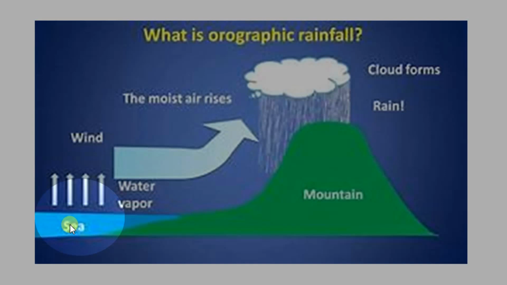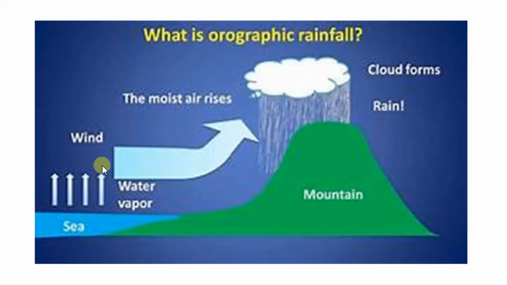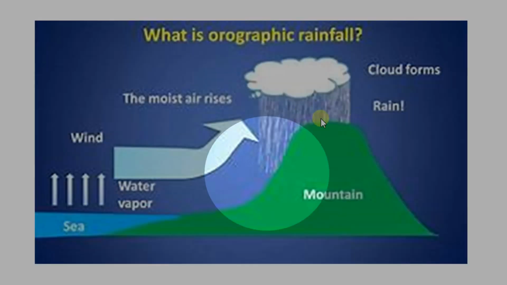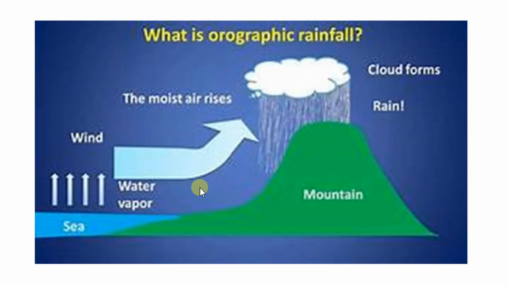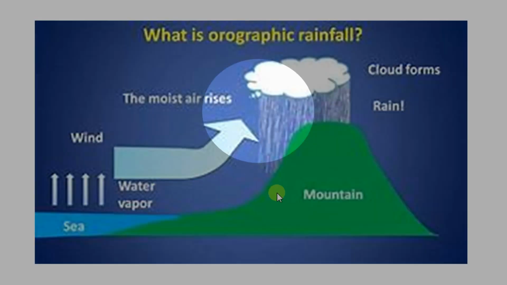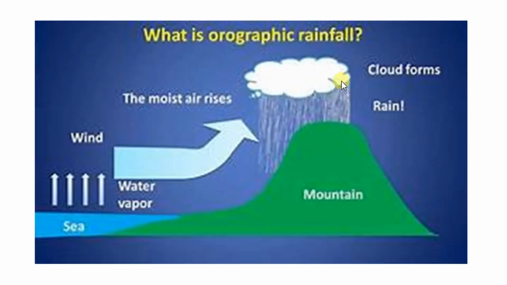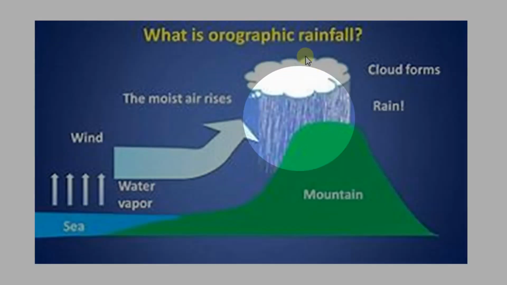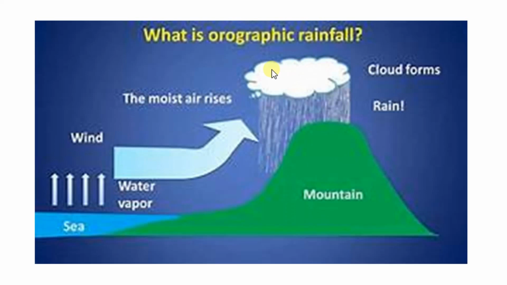Usually from the sea or the ocean, whenever the moist air blows towards the land, and if it meets any highland area, it may be a mountain range or hills, it starts rising along the slope of the mountain, and in the sky it starts condensation, after that the cloud forms and rainfall occurs. This is orographic rainfall, or you can say relief rainfall.